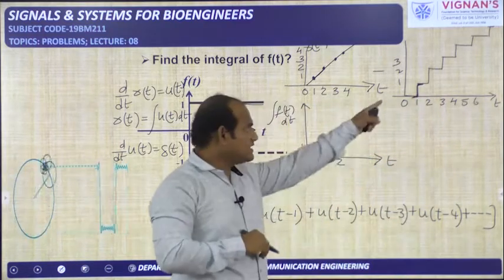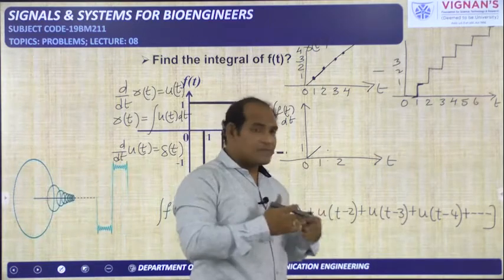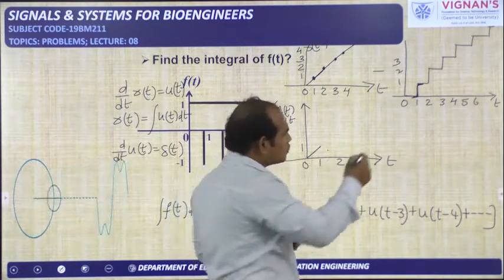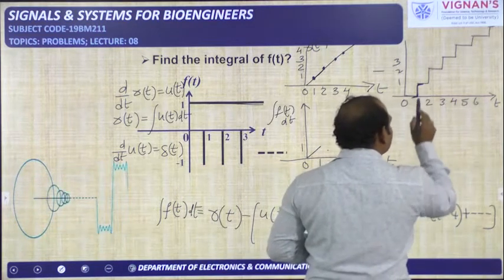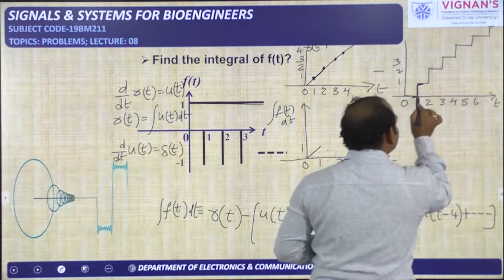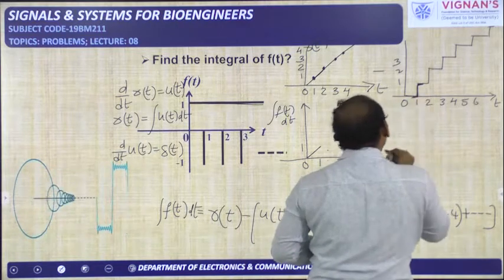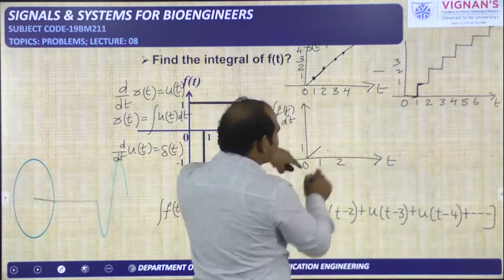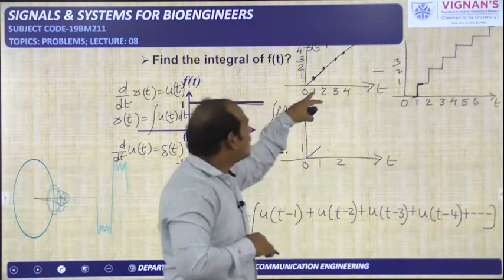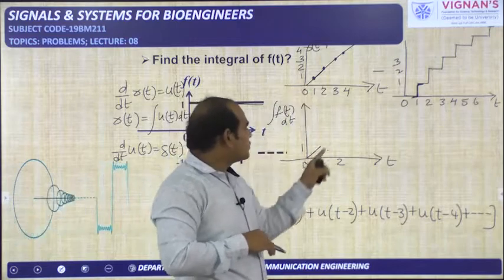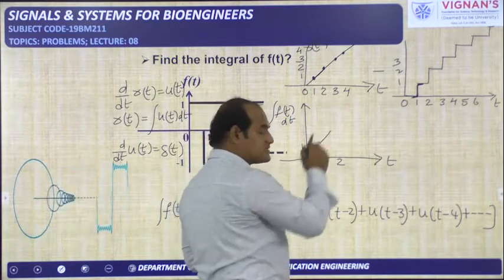Whenever discontinuity is there, we need to see the problem very carefully. So whenever exactly t is equal to 1 is happening, what will happen? The amplitude is suddenly rising from 0 to 1. If it is 0, because exactly at t is equal to 0, if it is 0, this is 1. So 1 minus 0 is 1. So this is satisfied.